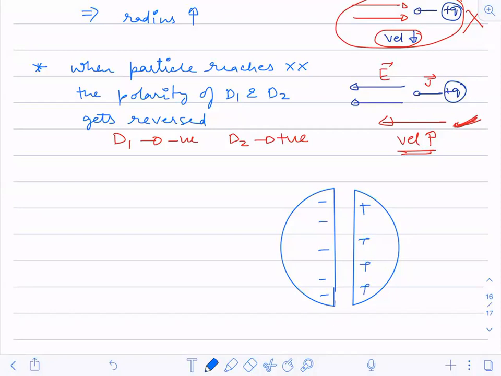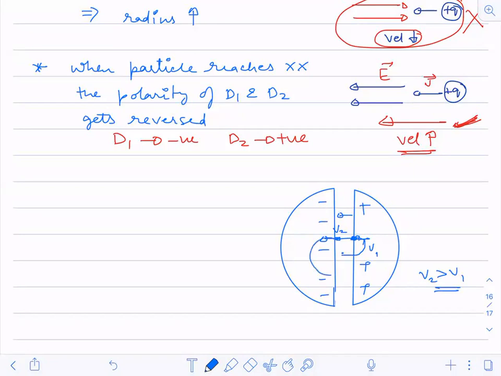When the particle, after doing one circular motion, has reached this point, it will again see that the electric field is in this direction, so again it will move in this direction with a greater velocity. Suppose here the velocity was v1, so here it will enter with velocity v2, such that v2 will be greater than v1.